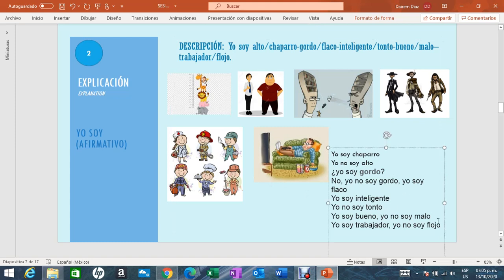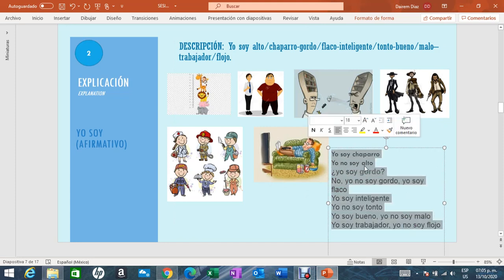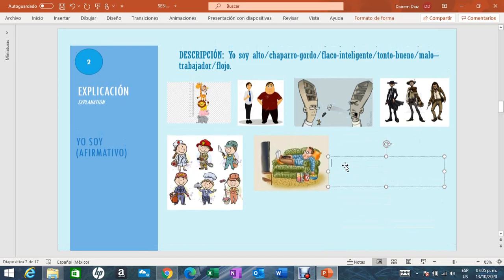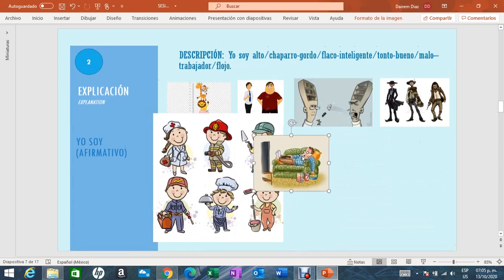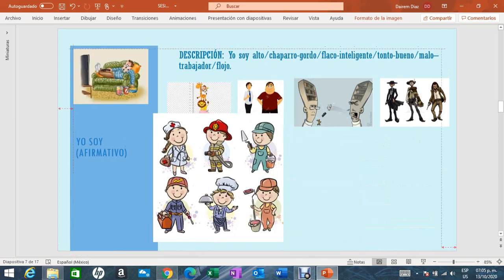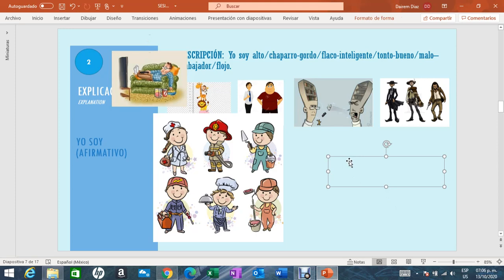So after this, I'm gonna erase this. Hopefully you got it there and you copy it down. So next one, let's check what are the professions that we have here for hardworking people. And let's move the lazy guy away. So we have enfermera, the first one, nurse.